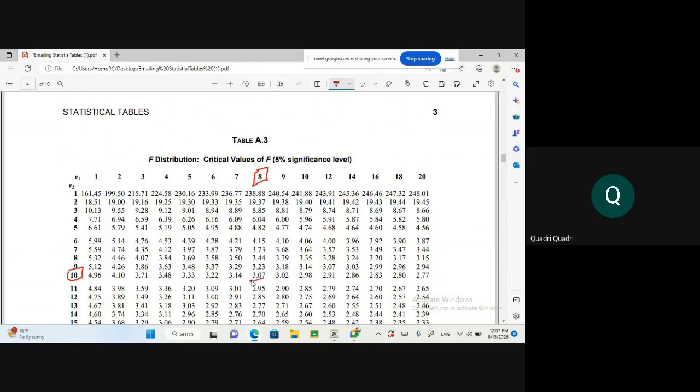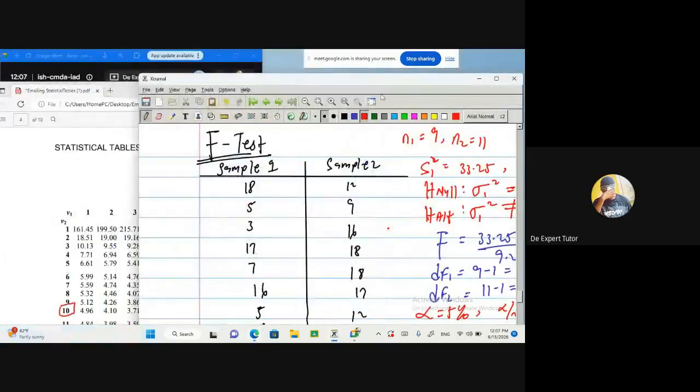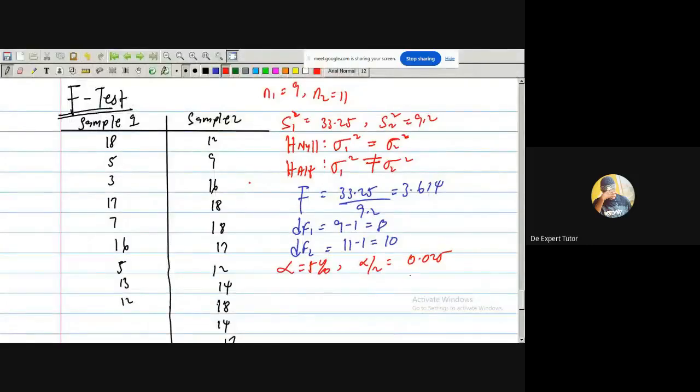Yes, 3.07. Thank you. So therefore, we say our F critical from the table is 3.07. Now, check what we have here. I have 3.614 and I have 3.07.